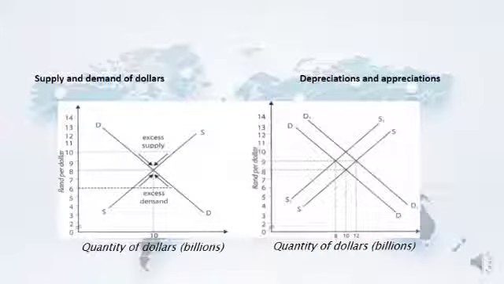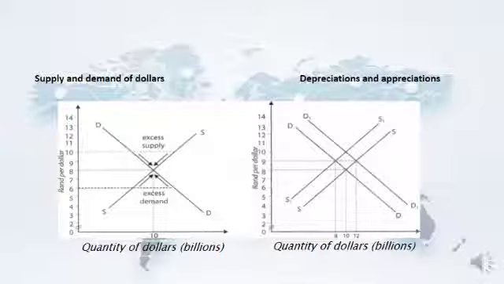So let's quickly have a look at the two important graphs that you have to understand. So looking at the graph on your left, the establishment of the exchange rate, or what they call the clearing rate in foreign exchange. You can see the vertical axis is marked as rands per dollar, and then the horizontal axis is quantity of dollars.